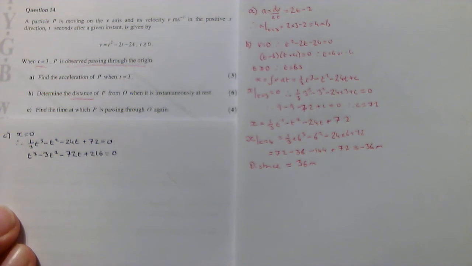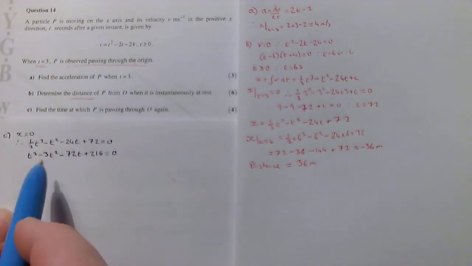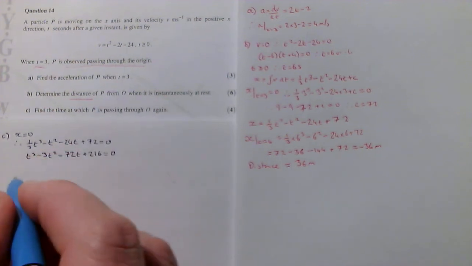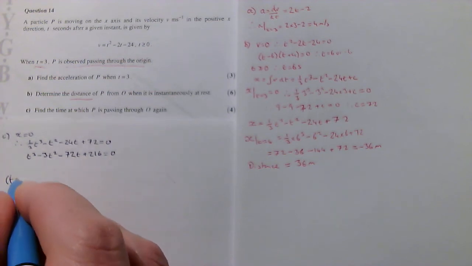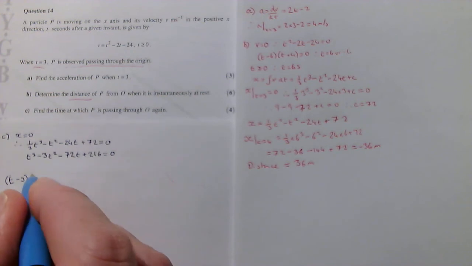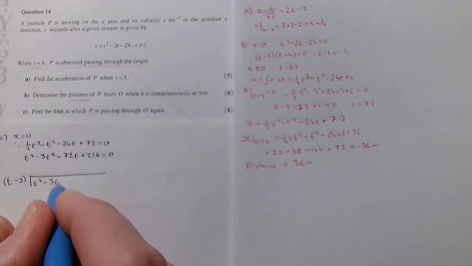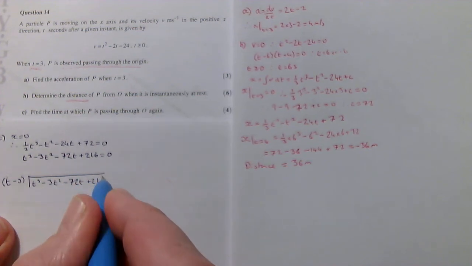Well, this is a cubic, but we already know one solution for that cubic, because one solution was when t equals 3. t equals 3 solved this. So we know that t minus 3 is a factor. So I'm going to factorise it out. I'm going to do that by division. So I'm going to do t minus 3, and I want to see how many times that goes into t cubed minus 3t squared minus 72t plus 216.